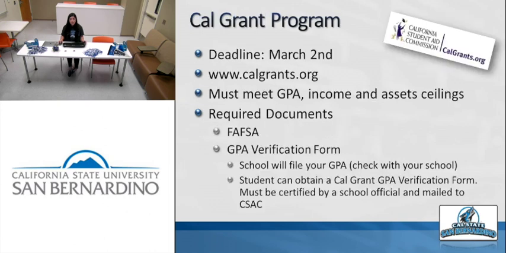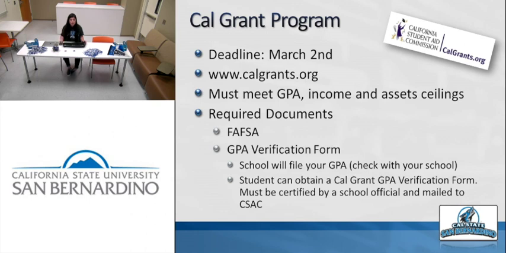For the Cal Grant program, the deadline is March 2nd. So you want to make sure that you fill out your FAFSA before March 2nd, because after March 2nd, it's up to them if they want to approve it or not. You must meet the GPA, income, and asset ceilings.